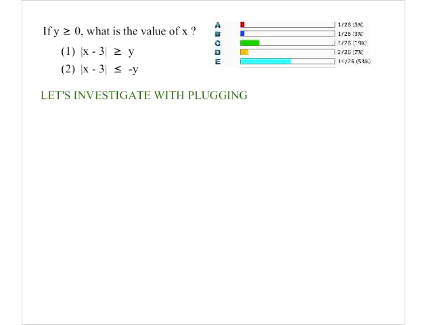Okay, statement 1. Absolute value x minus 3 is at least as big as y. And we're looking for x. Okay, somebody give me some x and y that make this work.